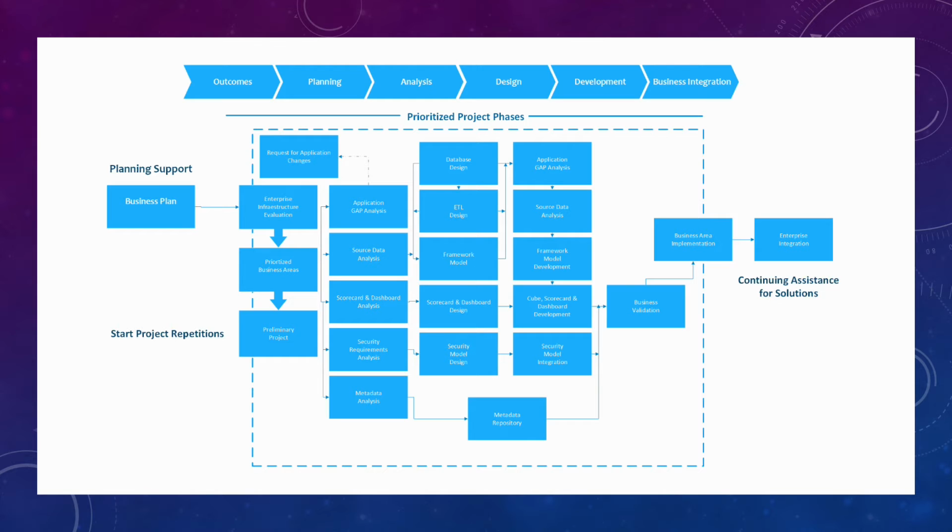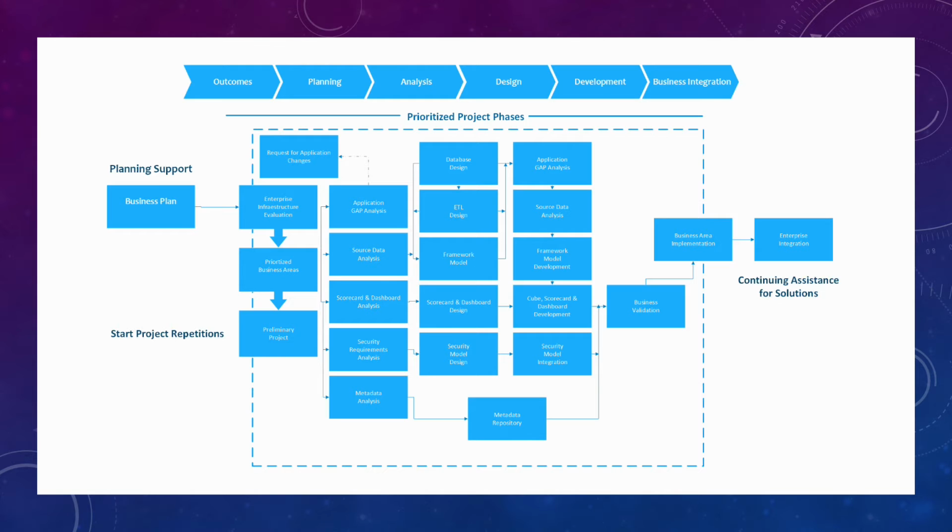And then the whole system, the prioritized phases, come to the gap analysis, source data analysis, the framework model development, and scorecard and dashboard development. In each stage, we need the scorecard and dashboard development, and then the security model.